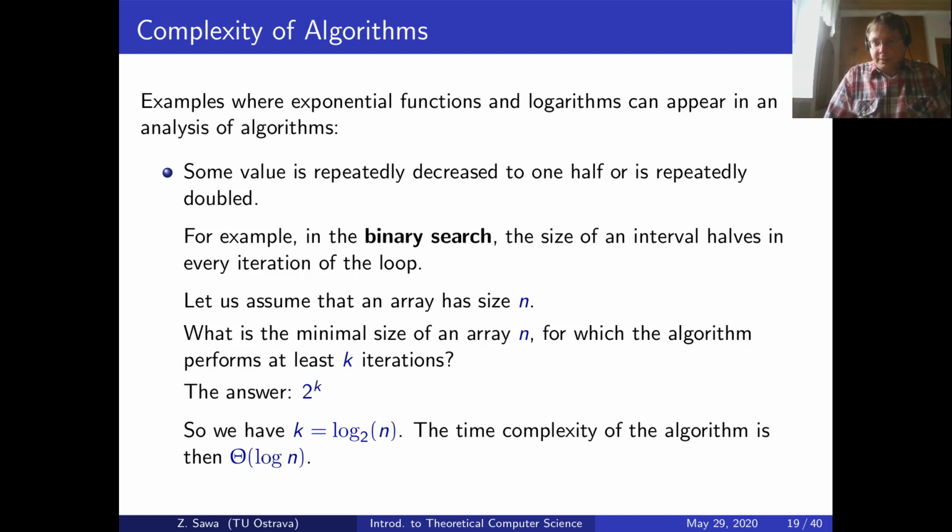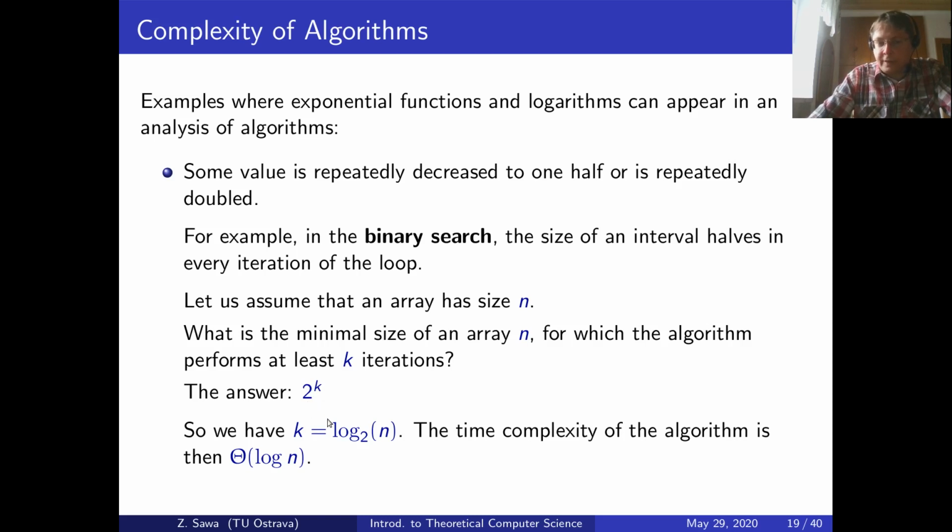It's probably not difficult to see that for one iteration size 1, for 2 iterations size 2, for 3 iterations size 4, or something like this, the size is approximately exponential with respect to the number of iterations.